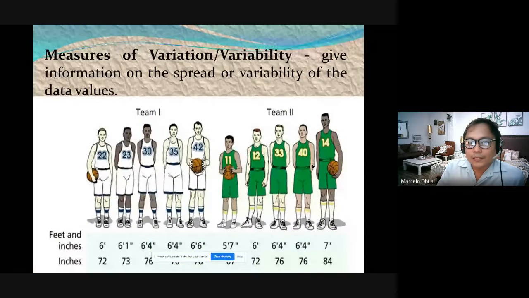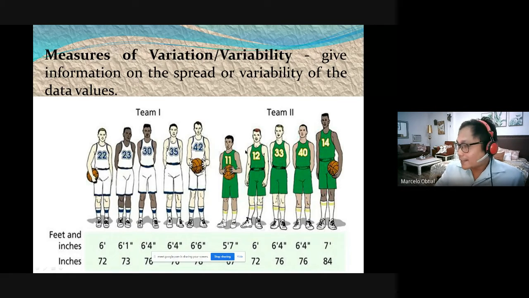Okay? Consider this figure. Look at the screen. Huwag muna tayo magbase dito sa ilalim, class, yung given na quantity dito. Basihan na lang natin yung picture. Team 1 at saka team 2, based sa kanilang mga taas or heights. Sa palagay natin saan dito mas nagbabari sa kanila o nagkakaiba yung kanilang heights.